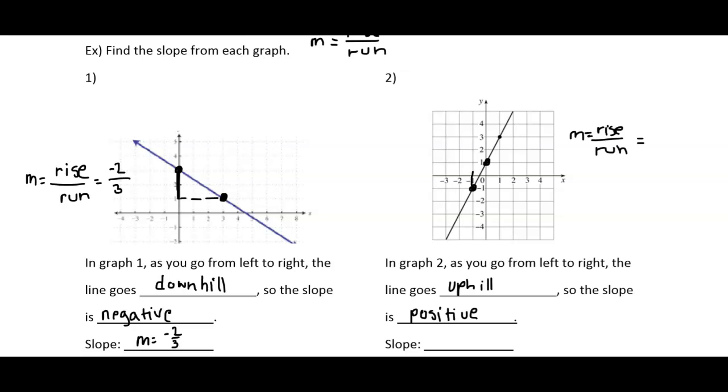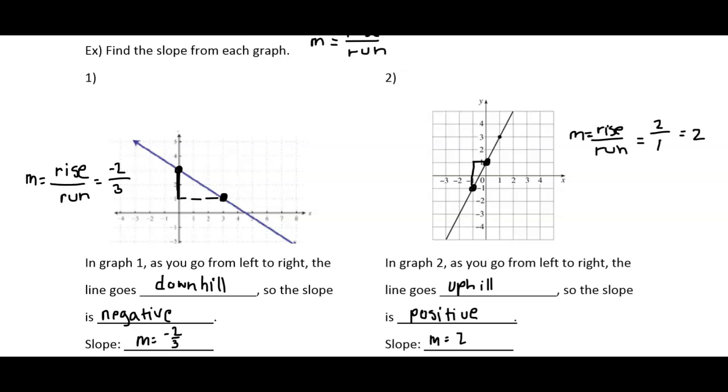My rise, how do I get up to the next point? I went up 2, okay? That's a positive 2, going up is positive. And then I went to the right 1, and that's a positive 1 since I went right. So my slope is 2/1, which is just 2.